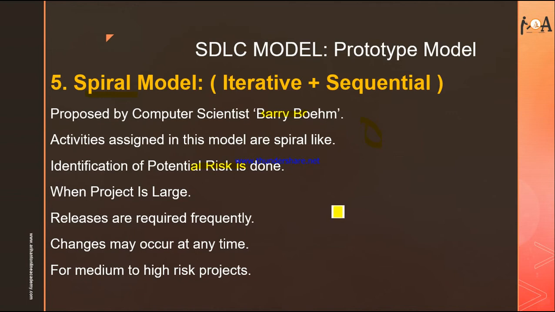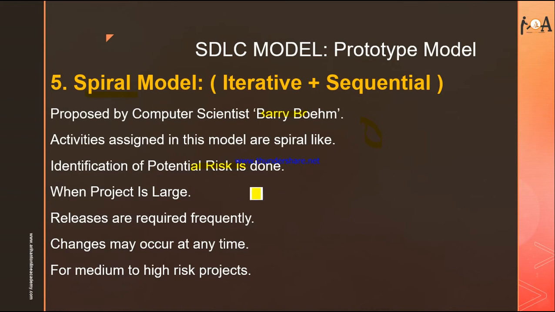In that duration, to complete the project, you require a strong team, strong team management, and very experienced people so that they can handle the risk at the time of development, and several kinds of projects are done under the spiral model.